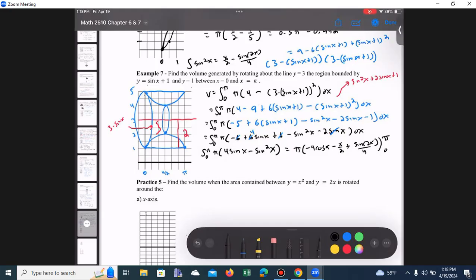Now as we put this in, some of these will be 0, some will not. Let's see what is. So pi, cosine of pi is negative 1, so you get negative 4 times negative 1, so you get 4 out there.